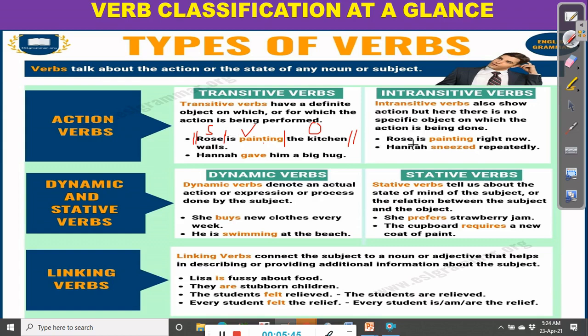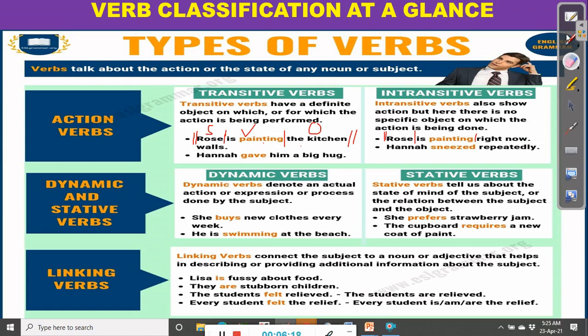But here we can also use the same verb as intransitive. In other words, we may use it without an object. Rose is painting right now. All right, so in this case, we are removing the object and we are replacing it with an adjunct.